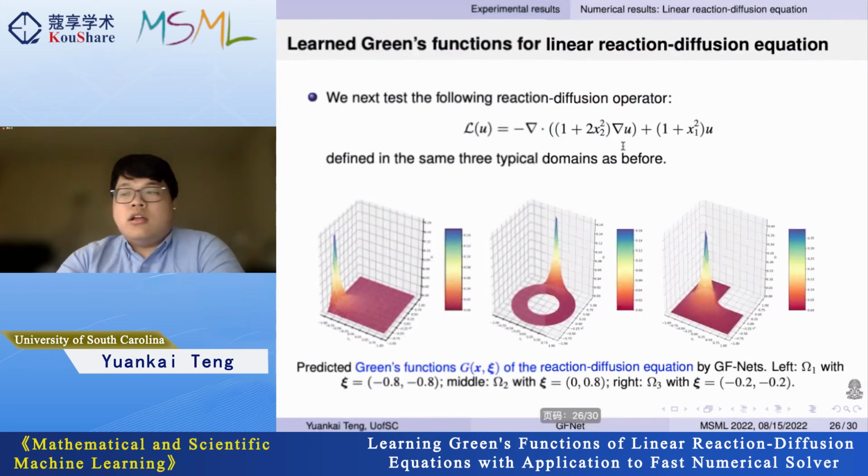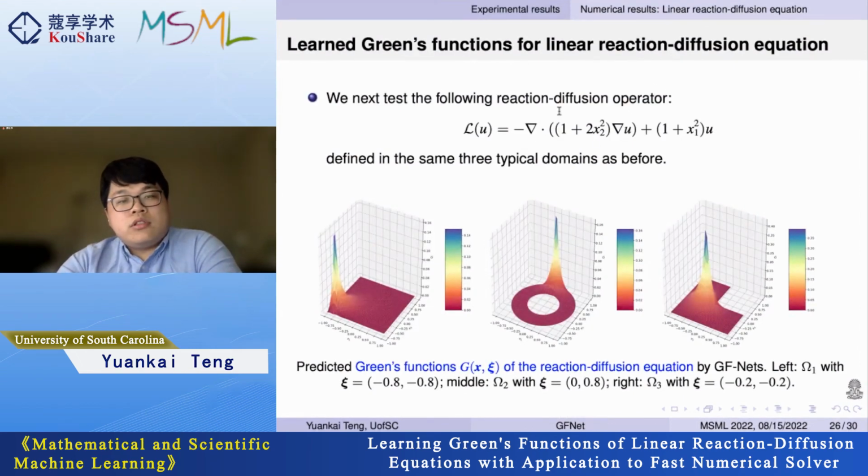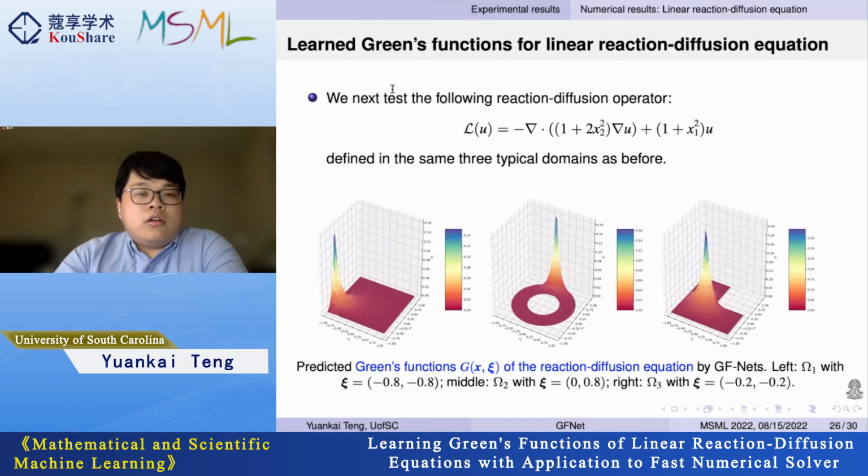And next, I would like to introduce our learned Green's function for linear reaction-diffusion equations. So here we test the following reaction-diffusion operator, and the training parameters are the same as we previously defined for the Poisson's equation. And here is the predicted Green's function for this reaction-diffusion case.